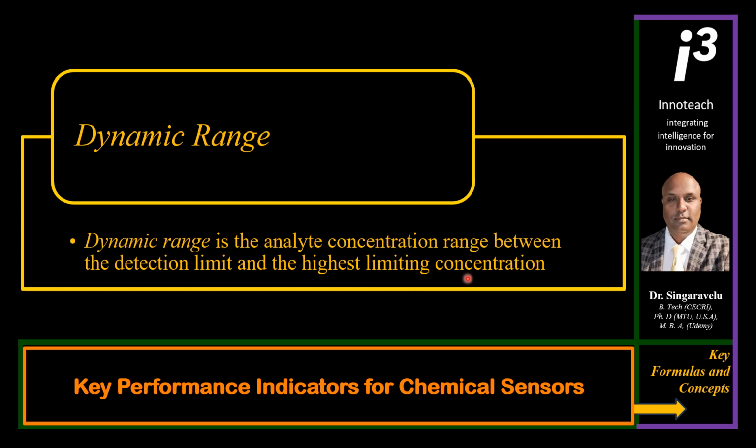Under this range, your calibration curve or the slope of the sensitivity will remain the same, beyond which you might not have a linear relationship. So that range of concentration is called dynamic range, wherein your sensor would be able to reproducibly give the same signal output in that concentration range.